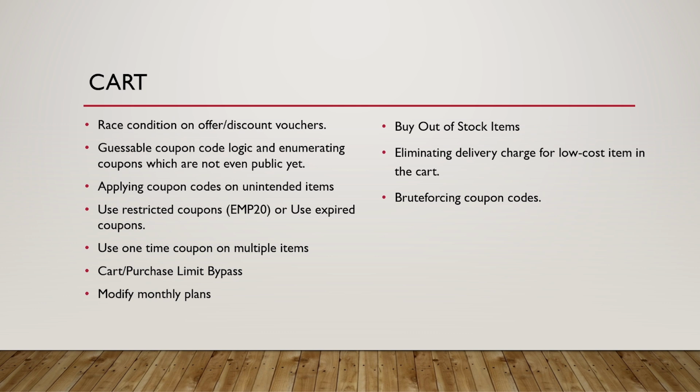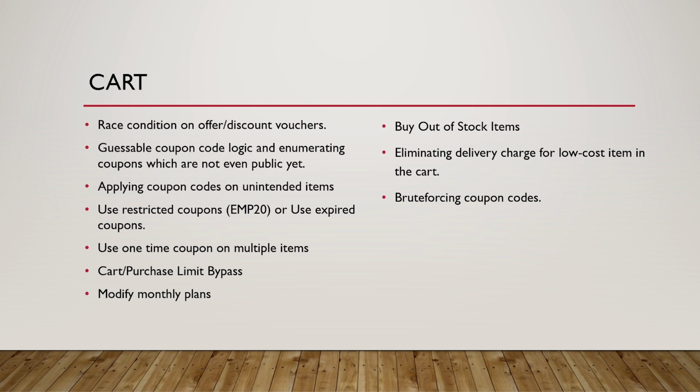Okay. Second one, guessable coupon code logic and enumerating coupons which are not even public yet. For example, if an application is using a guessable pattern for the coupon codes, for example, flat 30, we can try flat 50, flat 100, flat 90, like this. Enumerating coupon codes which are not even public yet.